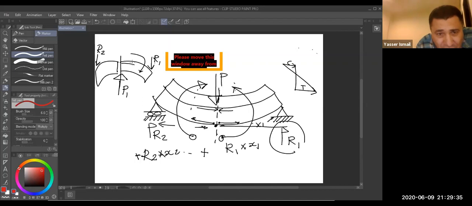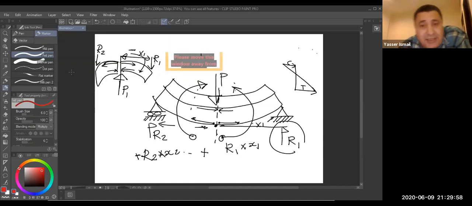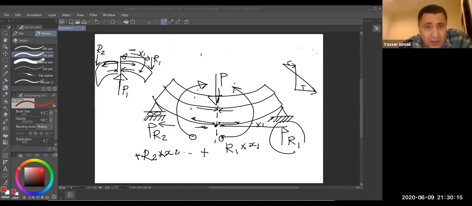Upper fiber in tension now, lower fiber in compression. This moment is negative moment. R1 multiplied by X1 is negative because of the tension. This is the simplest technique. There is clockwise, counterclockwise, and so on, but this is the easiest and simplest way to define positive or negative.